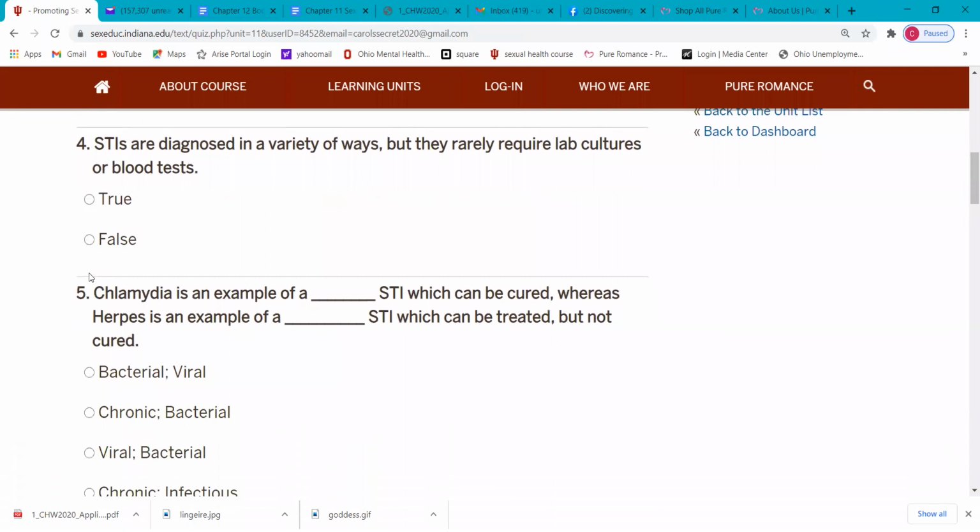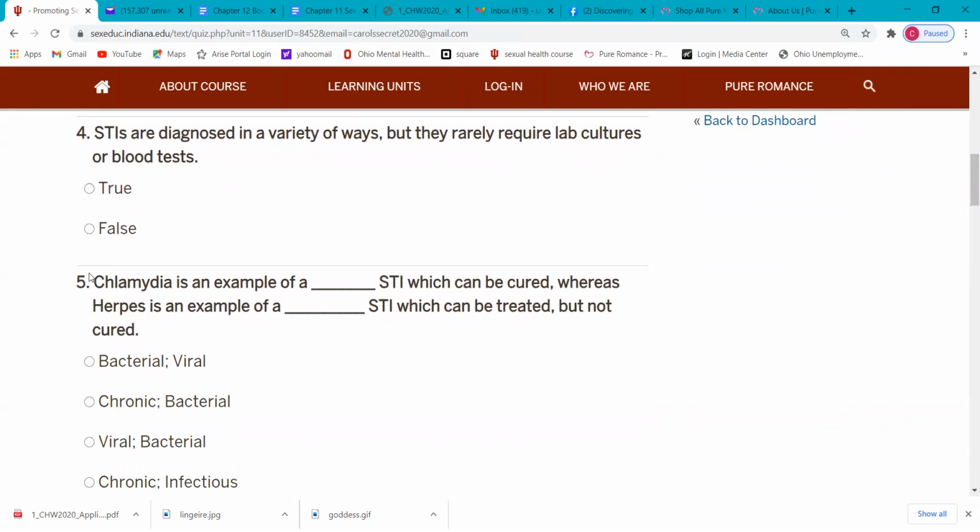All right, on number 4, we have STIs are diagnosed in a variety of ways, but they rarely require lab cultures or blood tests. Is that true or is that false? It is false.